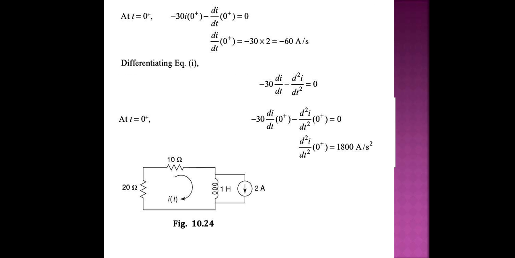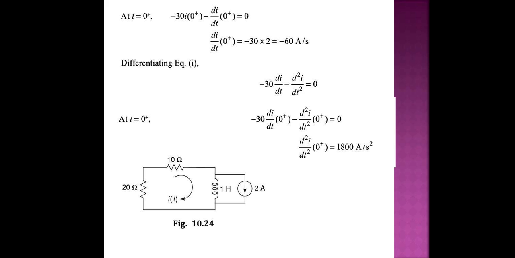Right at t equal to 0 plus, minus 30i of 0 plus minus di/dt of 0 plus equal to 0. So di/dt of 0 plus is minus 30 into I of 0 plus, which is 2 amps. Minus 30 into 2 is minus 60 amps per second.